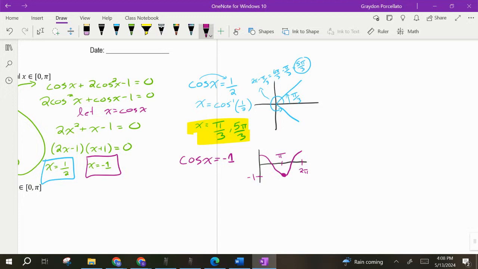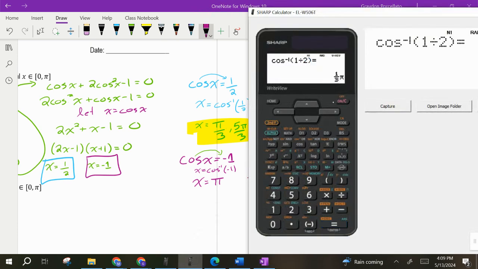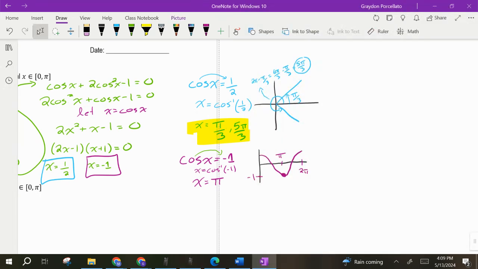Well, at pi. So I know that x is equal to pi. Now you could bring cos over, and take x equals the cos inverse of negative 1, which if I just do that on my calculator quick, cos inverse of negative 1 is pi. So you get your other solution there.